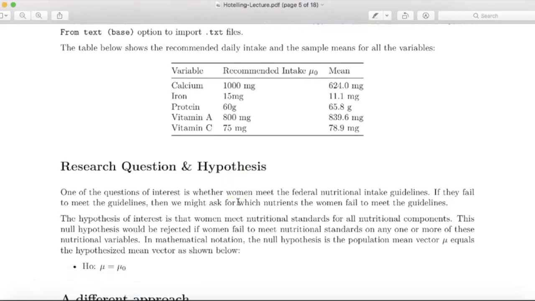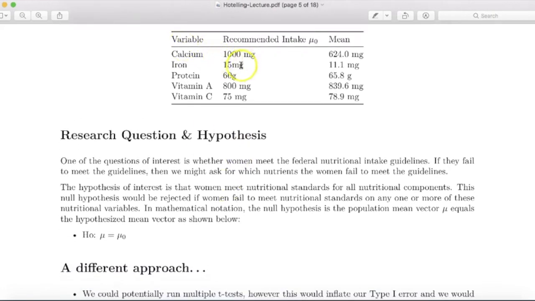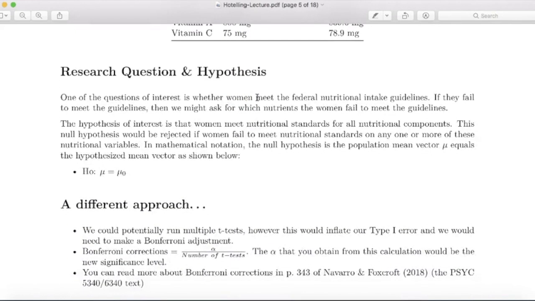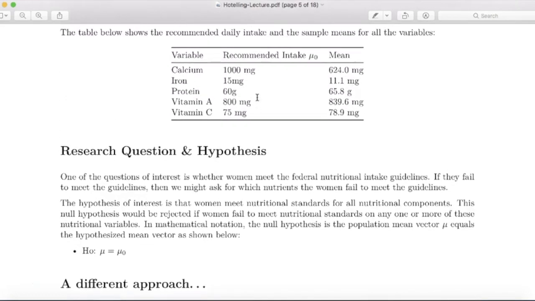We could take a different approach. We could do a single sample t-test for each one of these. The problem is whenever we do multiple t-tests, we could inflate the type 1 error. For example, think about it this way.